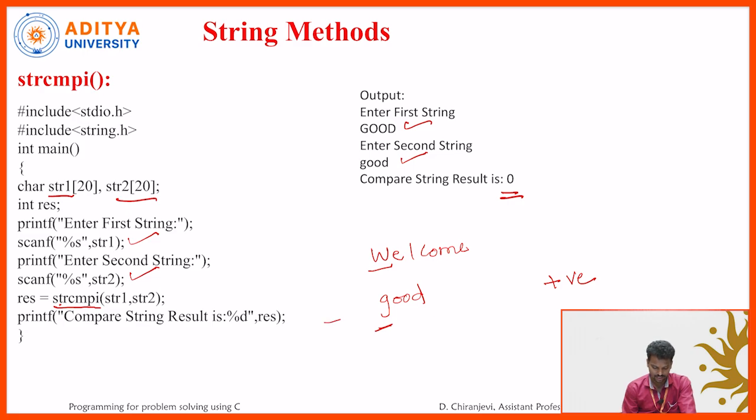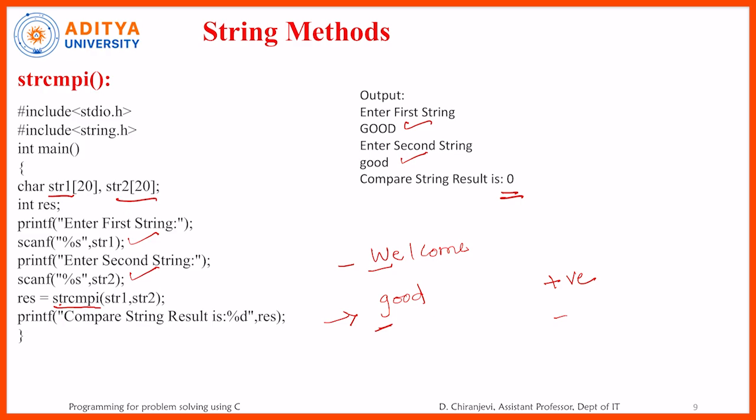If you take the first string good and the second string welcome, then the output is negative. Even though you took capital and small, it doesn't matter. Whether you take capital W or small w, it will take the same ASCII value, and then it will give you the output.